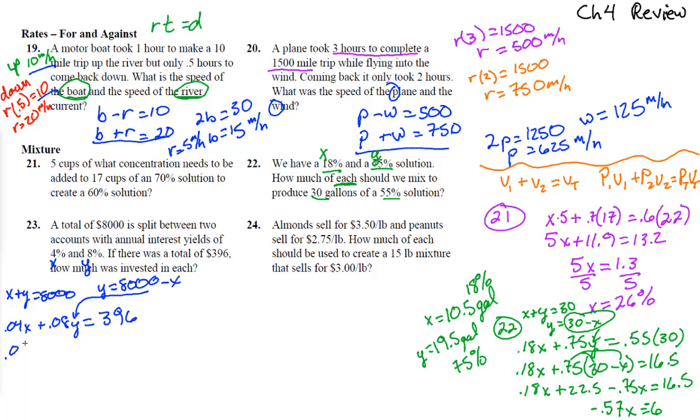So we get 0.04x plus 0.08 times 8,000 minus x equals 396.